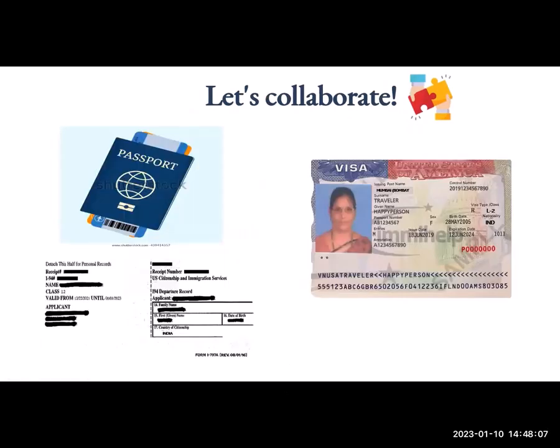Now this one, who can quickly tell me what you can accept and what you cannot accept from here? We have a foreign passport. We have an I-94 from USCIS that provides the validity of work.